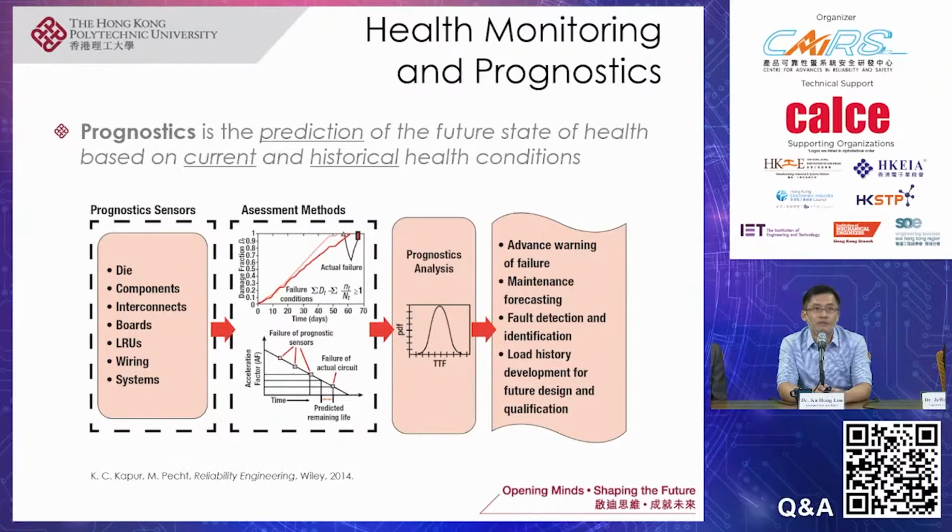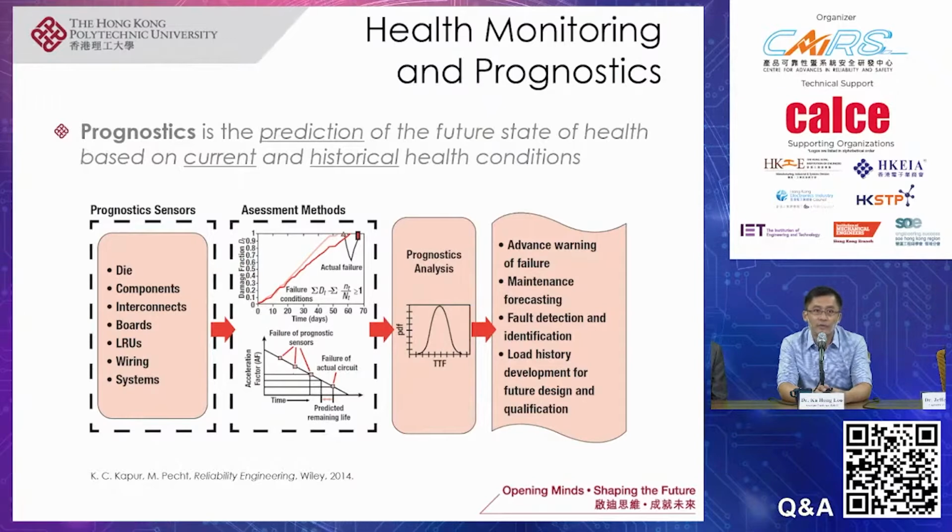Typically, the reason for doing that is that we may be able to use the information obtained from this methodology to predict the remaining useful lifetime of some electronic products. Doing so allows us to have advanced warning of failure, so we'll know the system is coming to the end of its service lifetime and can shut it down before it fails catastrophically.